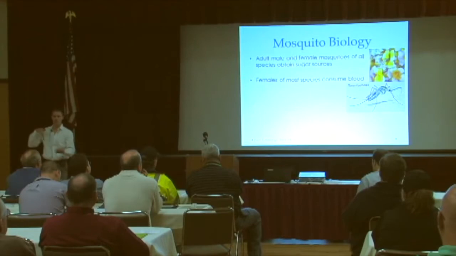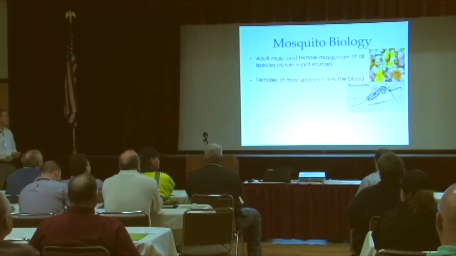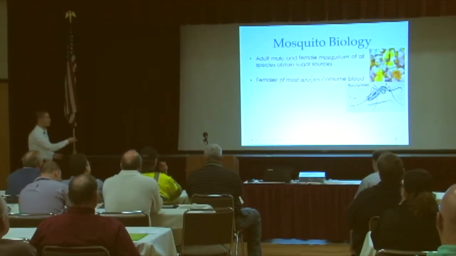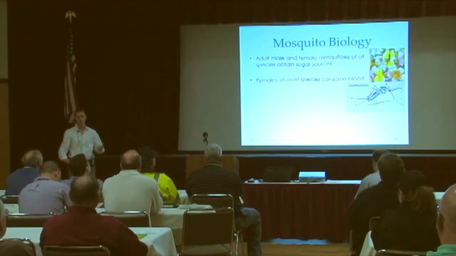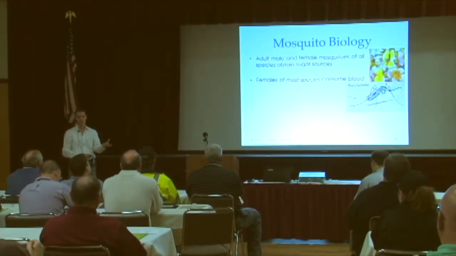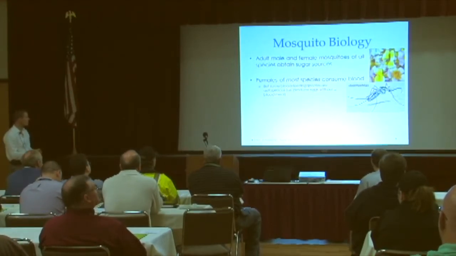That is not intended to probe into a host. That's intended to obtain sugar from a flower or other sources. We already heard about how that particular species has been used as a biological control agent. They have a huge larva, and it's a predatory larva. It feeds on other mosquitoes. So that's kind of a unique mosquito there.